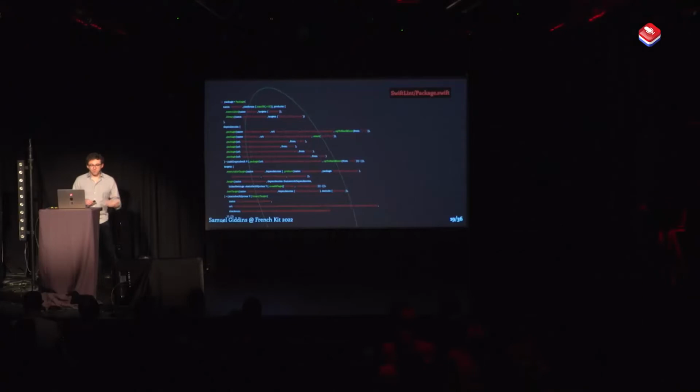There's nothing here that calls Swift build or Xcode build or Swift C. Instead, we say, I have a package. This package has a name, can build for a couple of platforms. It has these products. It has this Swiftlint executable product, which depends on the Swiftlint target.